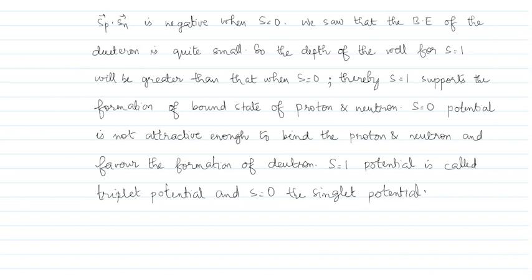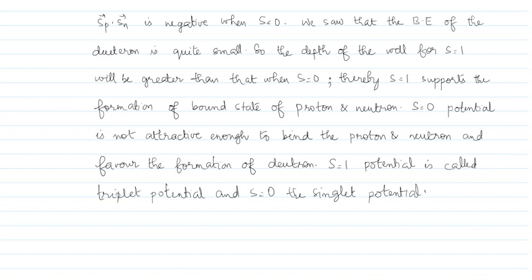So when we consider that the binding energy of deuteron is very small, and we saw that the well depth is different when S equal to 1 and S equal to 0, it is that when S equal to 0, the depth of the well is not sufficient to bind the proton and neutron together as a single system.